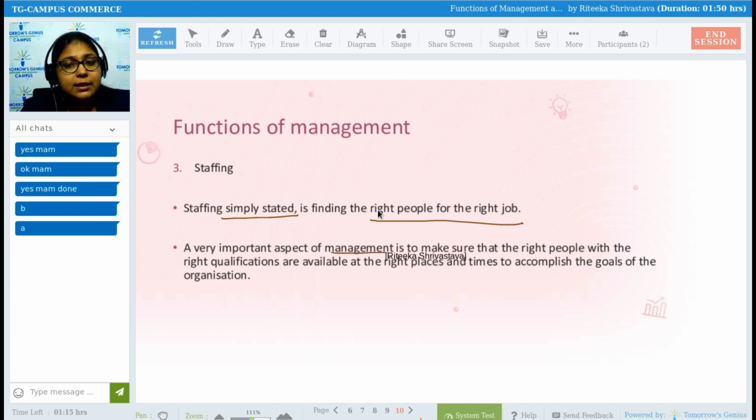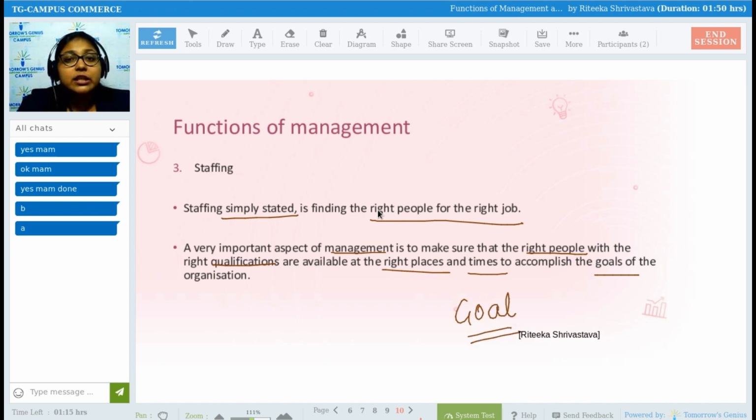A very important aspect of management is to make sure that the right people with the right qualification are available at the right places and times to accomplish the goals of the organization. To reach any goal of the organization, it is very important to do good staffing.